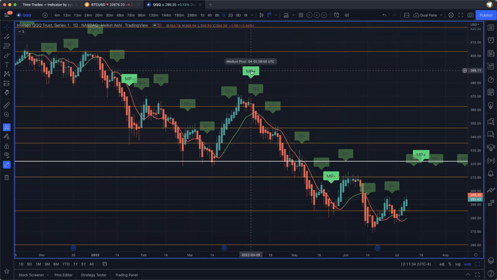You'll notice that there is a plus and a minus indicator by the SP for small pivot and MP for medium pivot. And what that means is it's really a polarity indicator. So if you could imagine a function that oscillates between positive values and negative values, really the MP and the SP labels appear when that function crosses zero, okay?